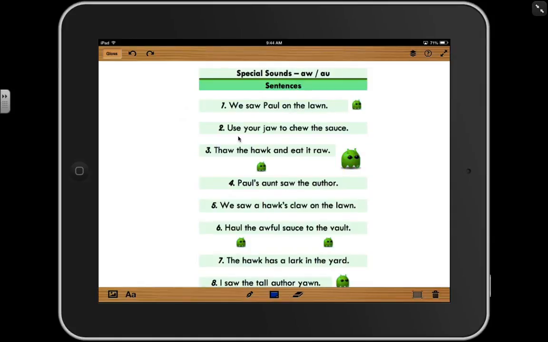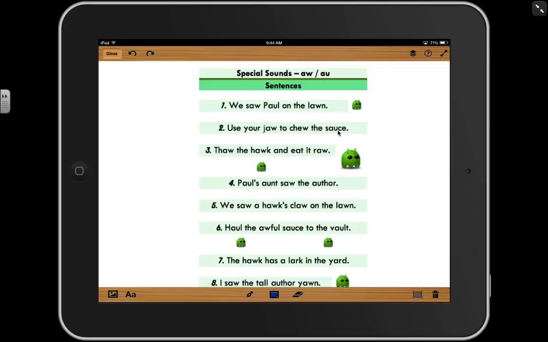Wonderful. Okay, let's look at number 2. Let's look across and see what we can find. Do you see the AW here? So this says aw, that's our word part. So let's read the whole word. Jaw. Jaw. Notice how I say it slowly, then I say it again. Here's another word right here.